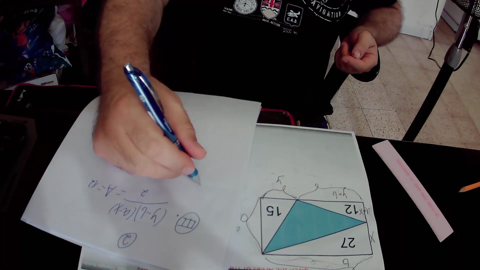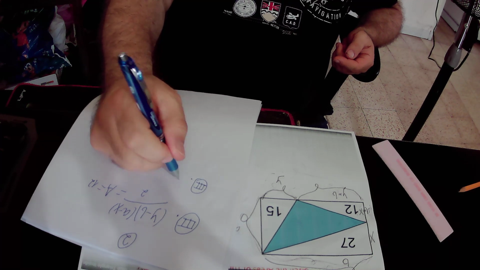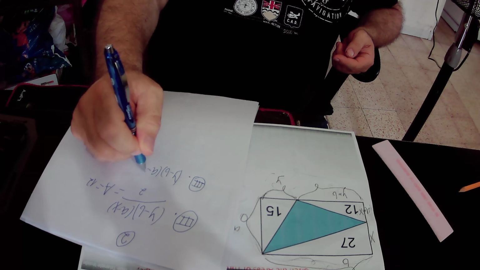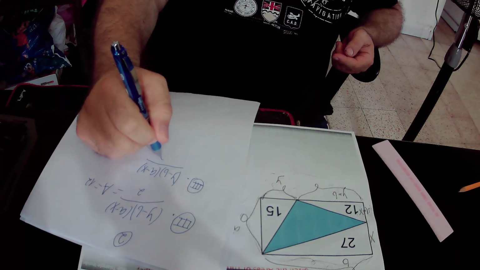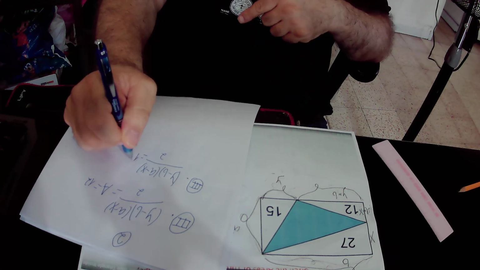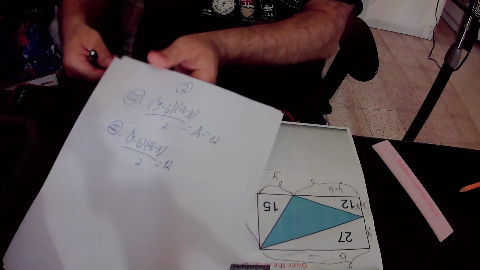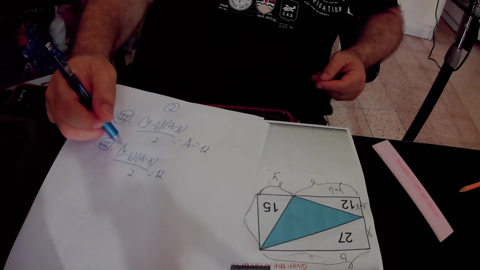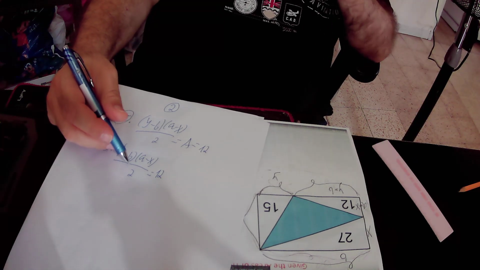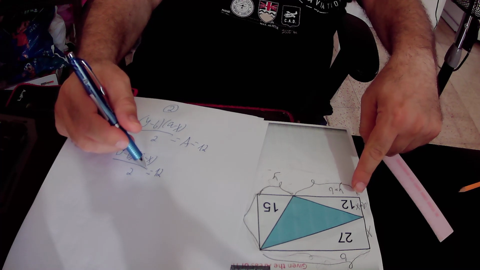So we can rewrite this equation. The base of the triangle, that is y minus b, times the height of this triangle, that is a minus x, divided by 2, equals the area of this right triangle, that is 12 units.